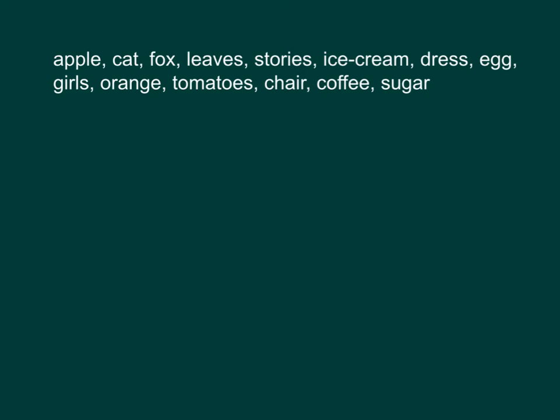Alright. Apple, cat, fox, leaves, stories, ice cream, dress, egg, girls, orange, tomatoes, chair, coffee, sugar are some nouns. Some are countable and some are uncountable. And some begin with a vowel and some don't. What is meant by vowel? A, E, I, O, U are called vowels.